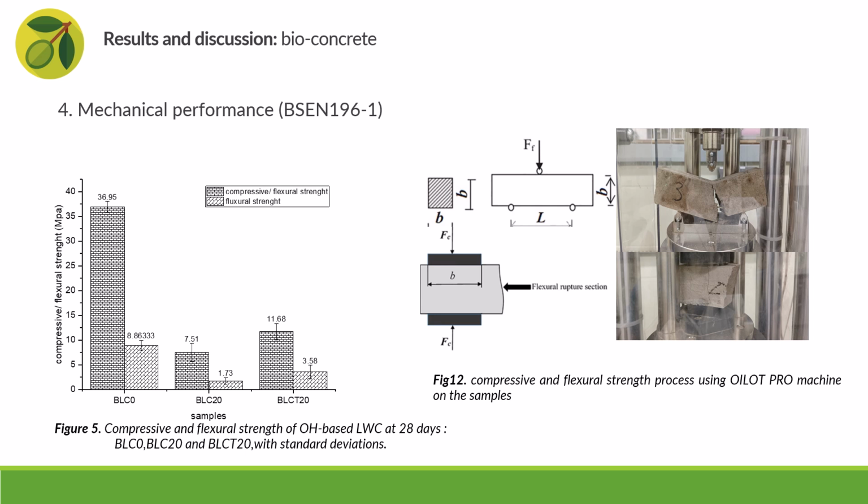Although these strengths remain below conventional concrete, of course, they are fully in line with other bio-based concretes reported in the literature. This positions olive husk as a competitive lightweight aggregate for non-load bearing and insulation applications, where the trade-off between density, thermal performance and strength is crucial.